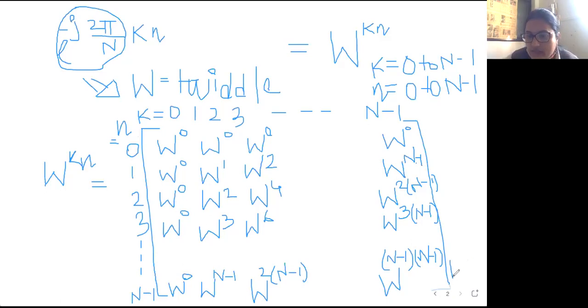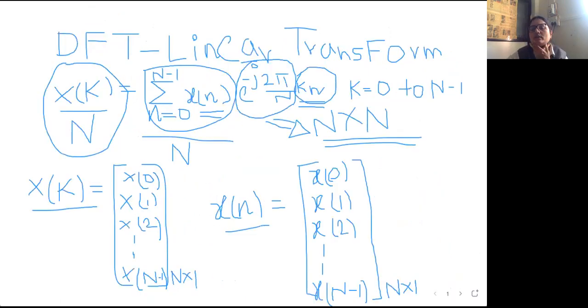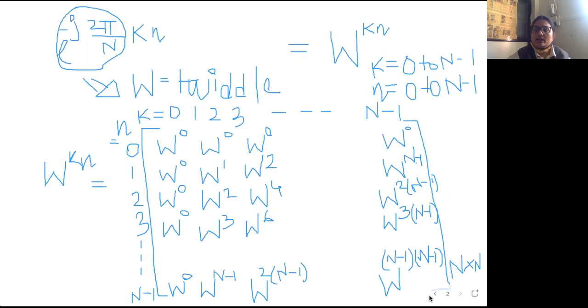The size of this matrix will be n by n. So we have represented the input signal by using n by 1 matrix आणि त्याचा मल्टिप्लिकेशन मध्ये हे आपलं ट्विडल मॅट्रिक्स आहे. W matrix you can say it as. So ट्विडल मॅट्रिक्स ची साइज काय आहे? n by n.